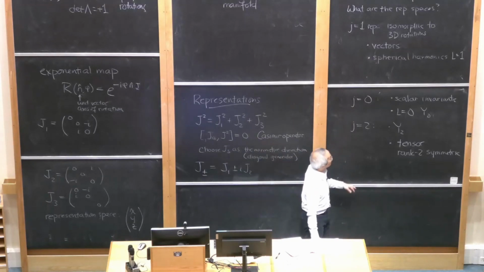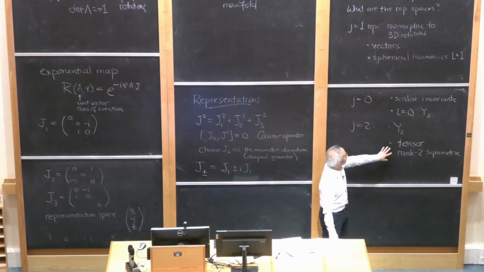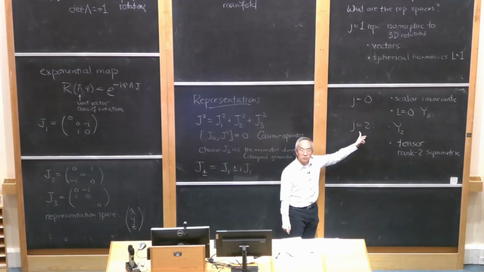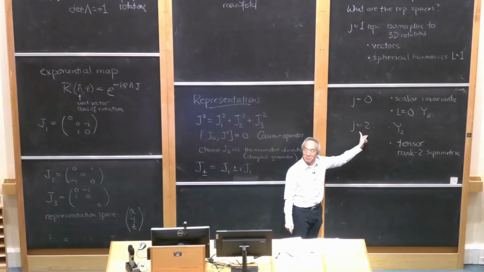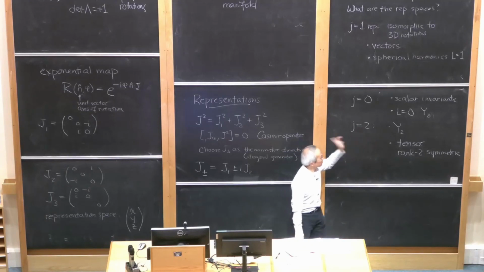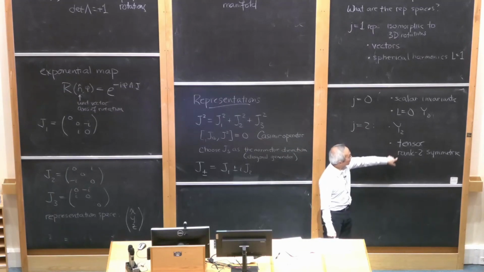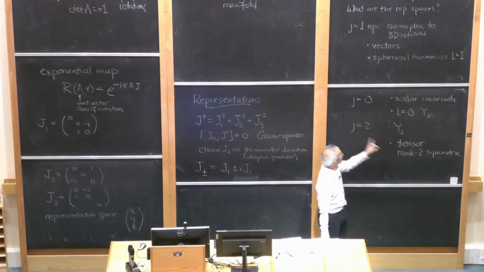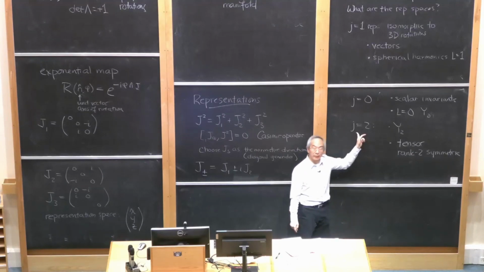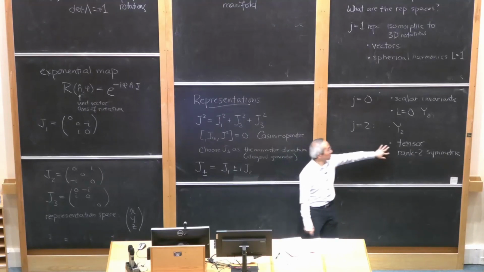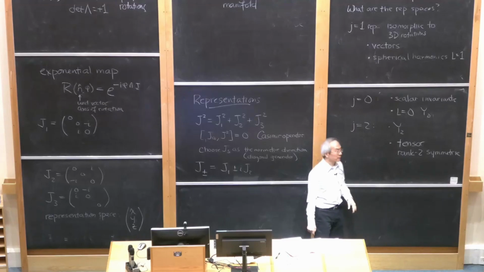So sometimes we will, in fact, talk about rank 2 symmetric tensors as belonging to the J equals 2 representation of the rotation group. Or, to be a little bit more specific, these rank 2 symmetric tensors belong to a J equals 2 representation space, because after all, these are the things being rotated.